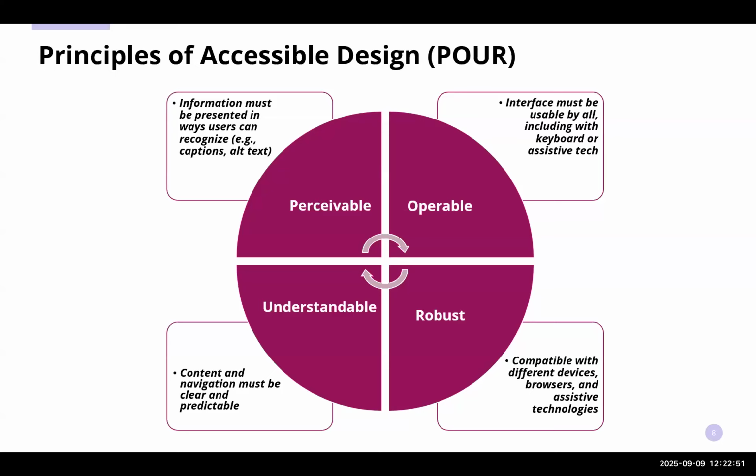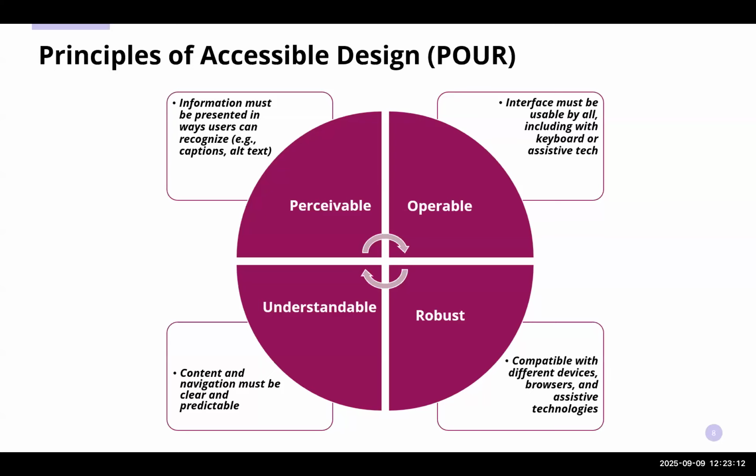And finally, we have robust. This is about building content that works not just for today, but also for tomorrow. Technology is evolving constantly. People use screen readers, mobile devices, different browsers, and even tools that we are not aware of.